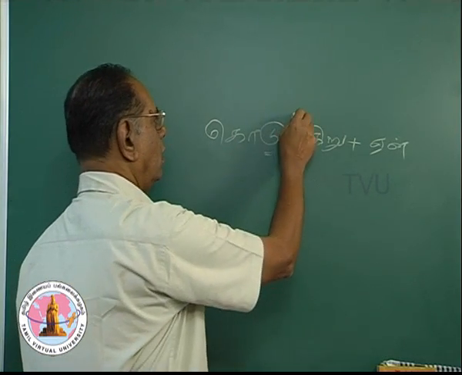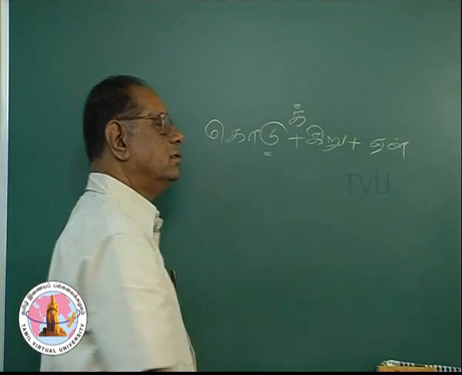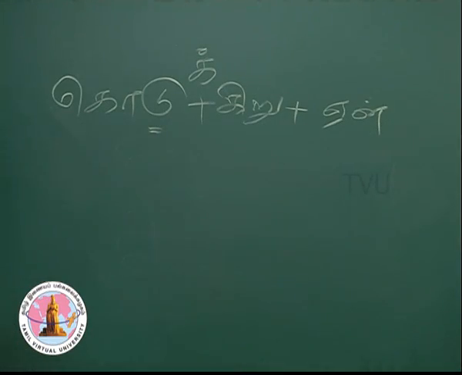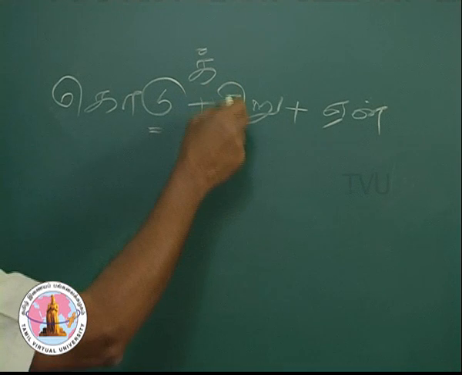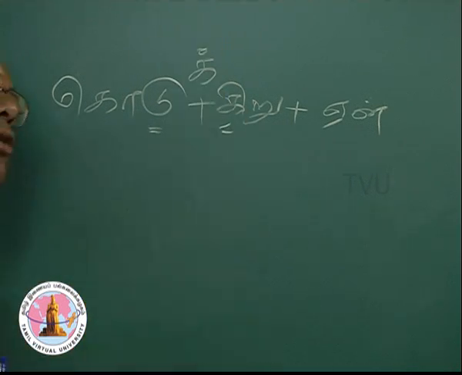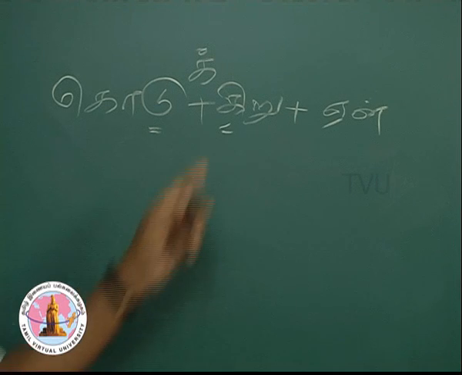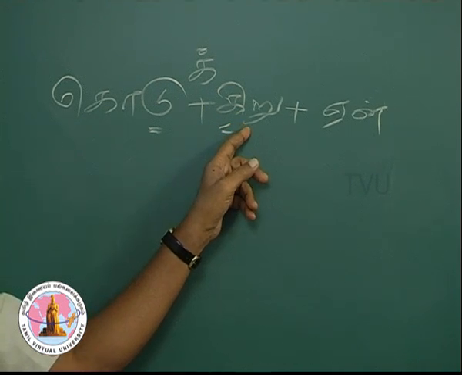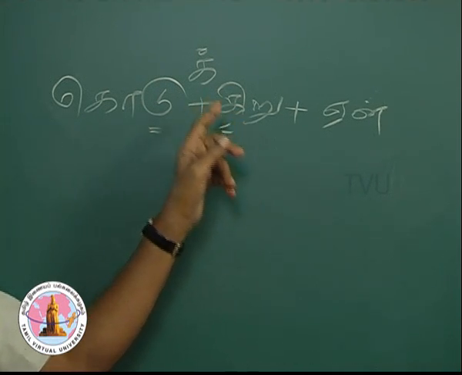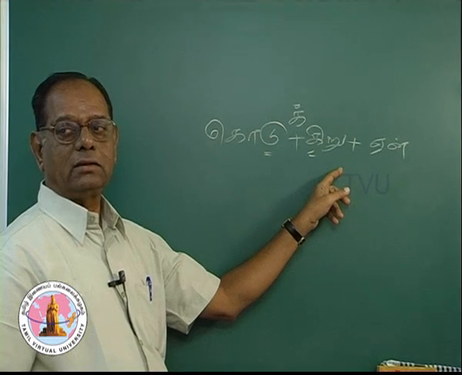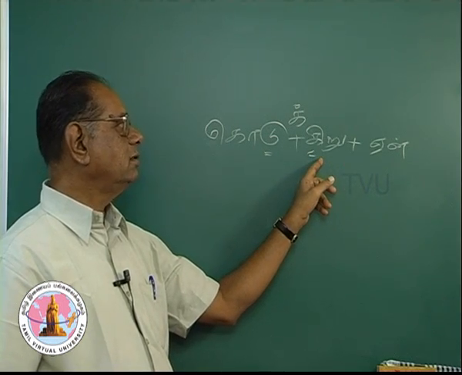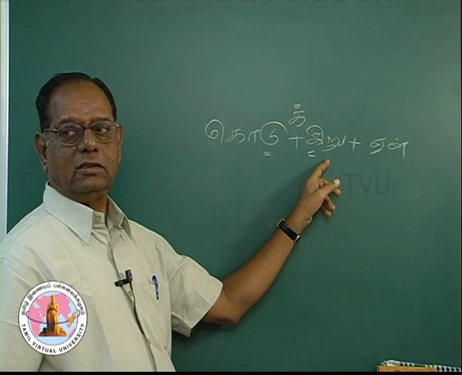So this is introduced: the consonantal form of the following consonantal vowel. Ki is a consonantal vowel. You remember that? It has ik plus i in it. Ik is the consonant, i is the vowel.